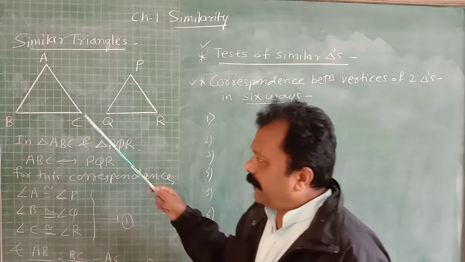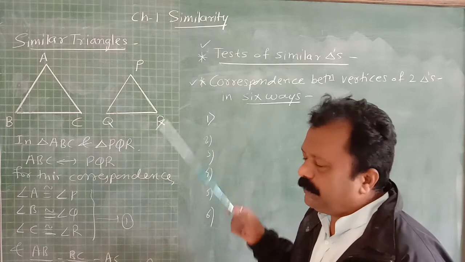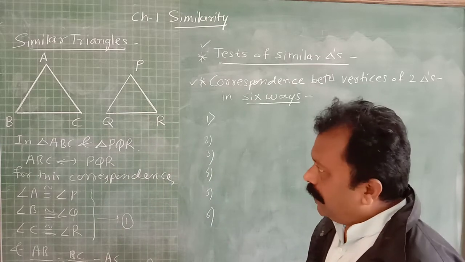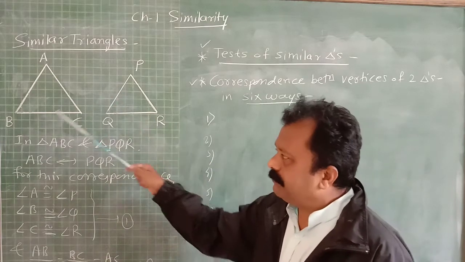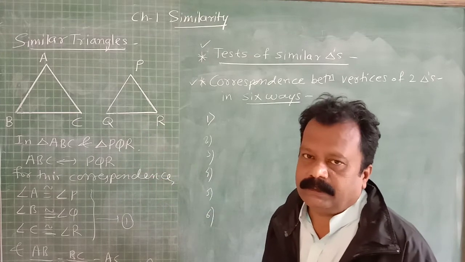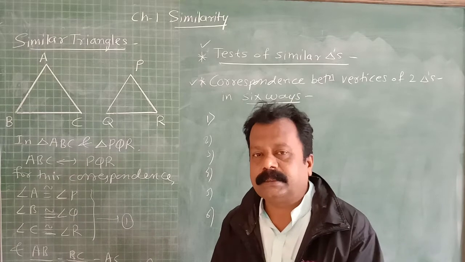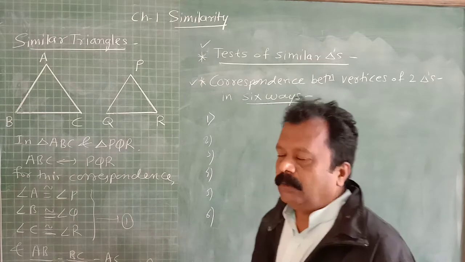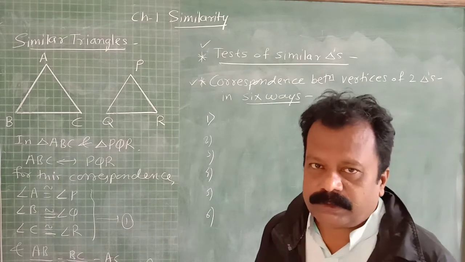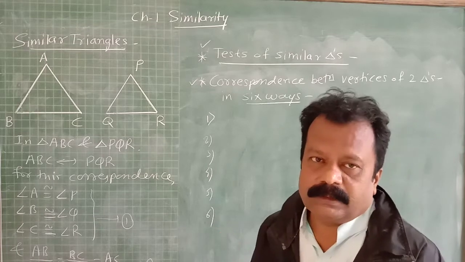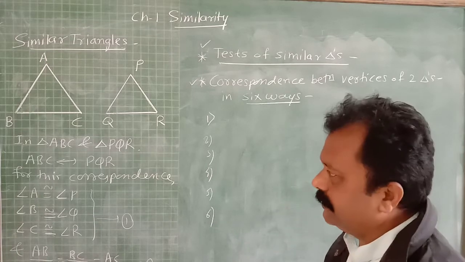How to write correspondence between each and every vertex? We can write this correspondence between vertices in 6 ways. Out of that, we have to use only one correspondence at a time for two figures.